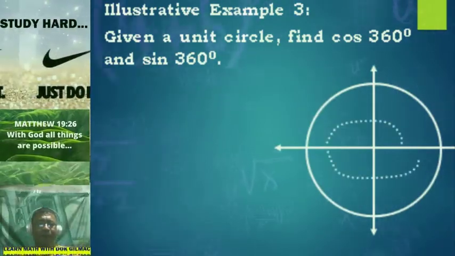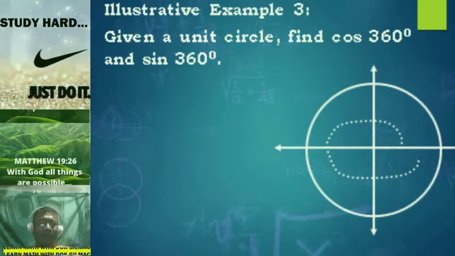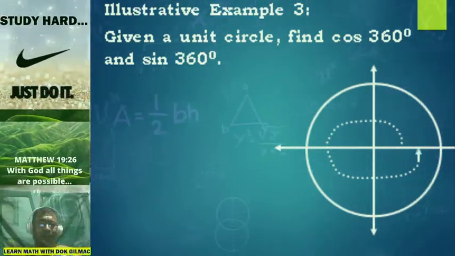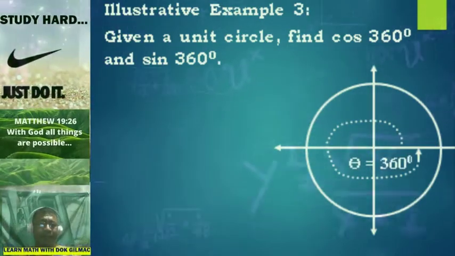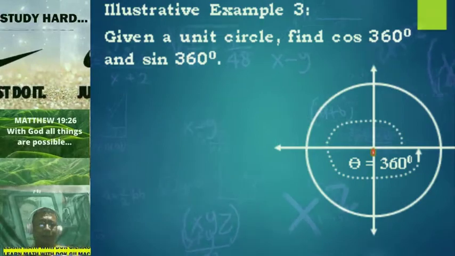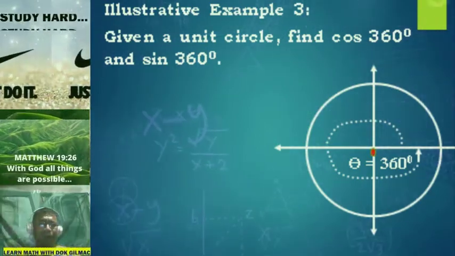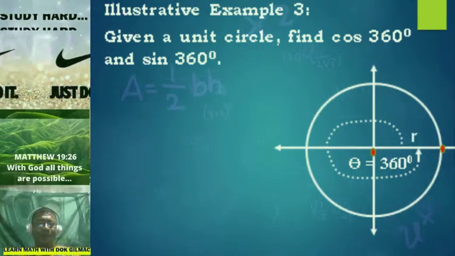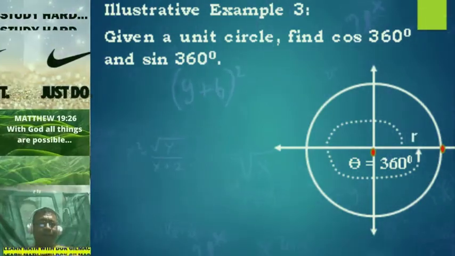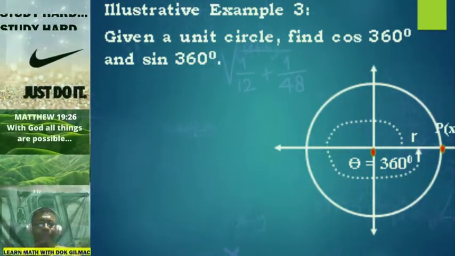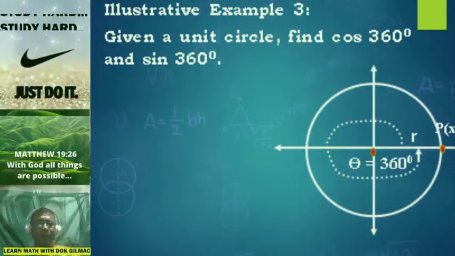From the initial side to the terminal side, we actually have theta equal to 360 degrees. And from the point of origin to the point of xy, we simply have the radius r.